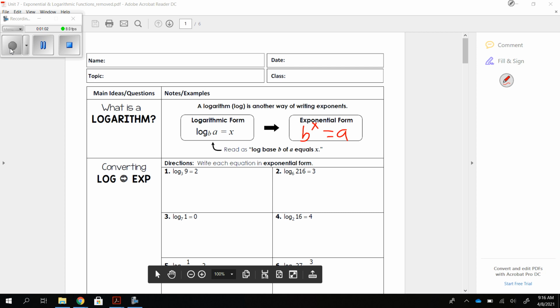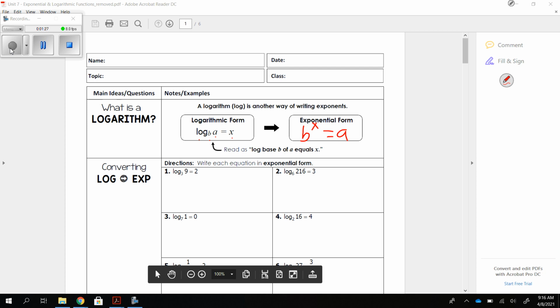That sounds weird, but it's not. Watch this. We look at number one, it says log 3 of 9 equals 2. So we're going to transform it into exponential form. Looking up at the top, log b of a equals x. The way we put that in exponential form is b to the power of x equals a.